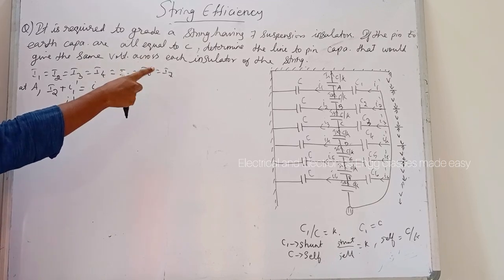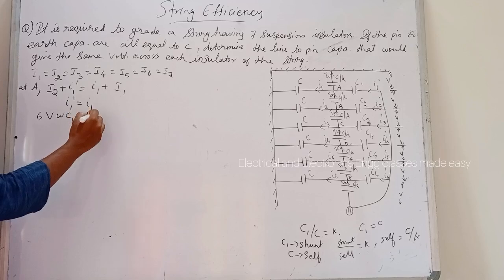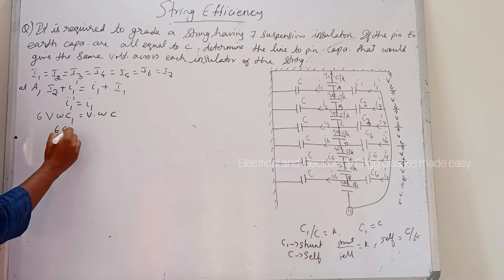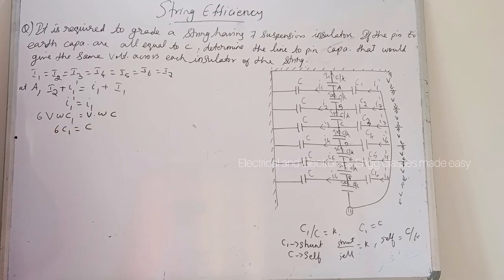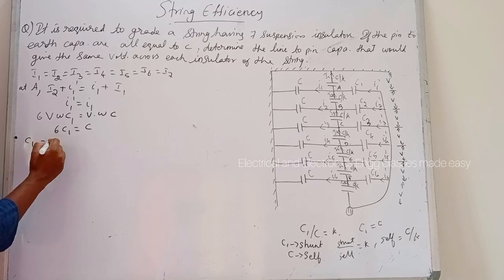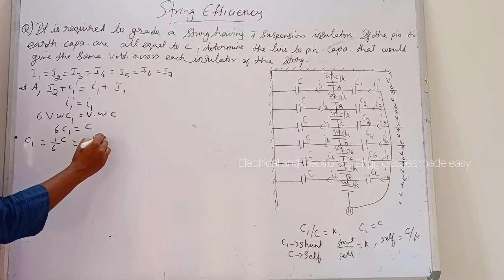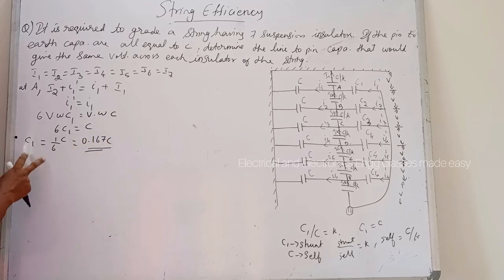So I1 is V into omega C. So here we will get 6C1 is equal to C, or we can find C1 is equal to 1 by 6 C, and that is equal to 0.167 C. So C1 is equal to 0.167 C.